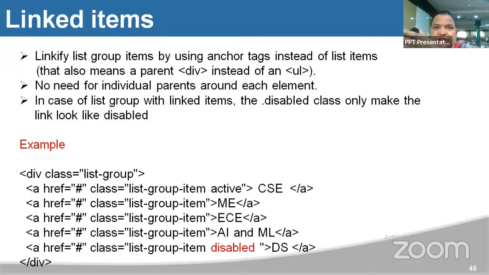It's not directly represented with UL and LI; directly the div and then the anchor tag are used to represent the linked items, or list items. List items with a link. It's not using UL and LI tags; directly the div and the anchor tag you are using for the list.